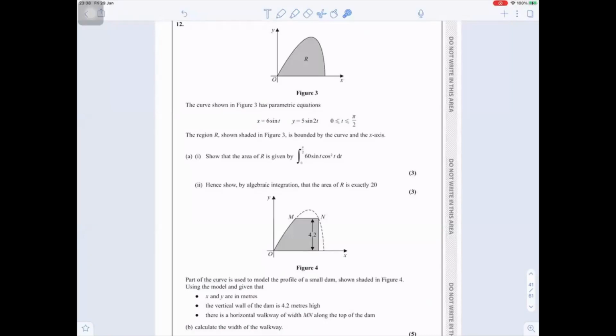It says part of the curve is used to model the profile of a small dam, shown shaded in figure 4. Using the model, and given that x and y are in meters, the vertical wall of the dam is 4.2 meters high. There is a horizontal walkway of width MN along the top of the dam. Calculate the width of the walkway.